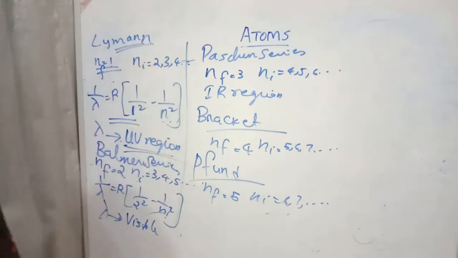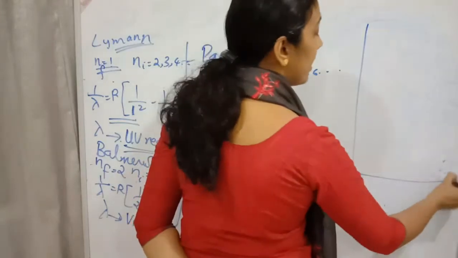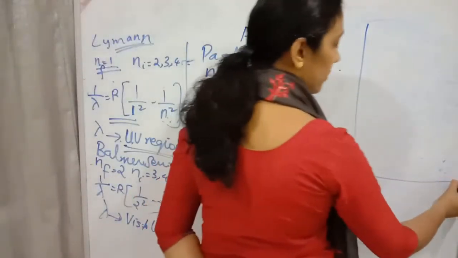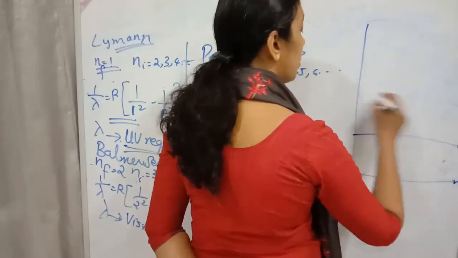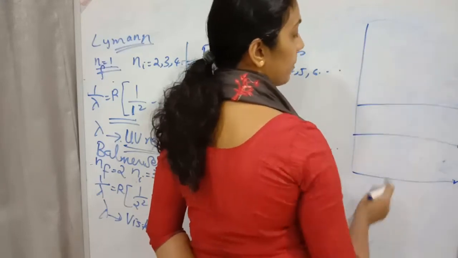Okay, so when we are drawing this energy level diagram, how are we representing the energy? Suppose this is n equal to 1, this is n equal to 2, and this is n equal to 3. Like that we will be representing.